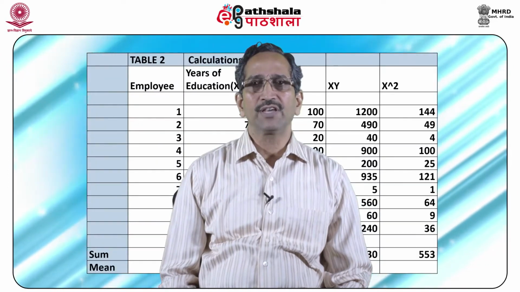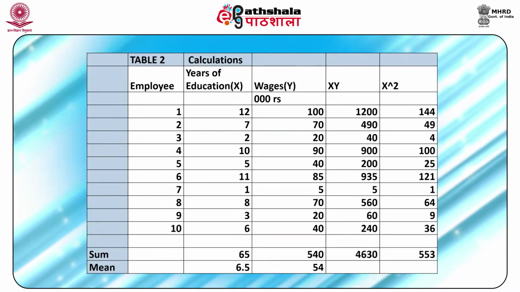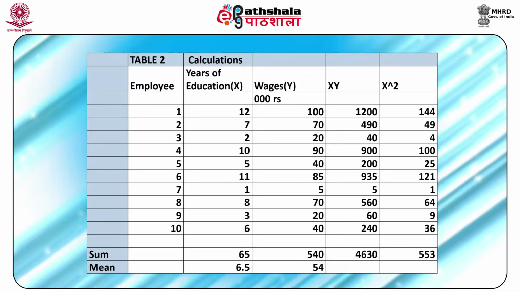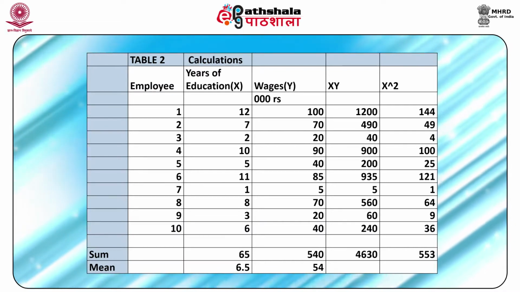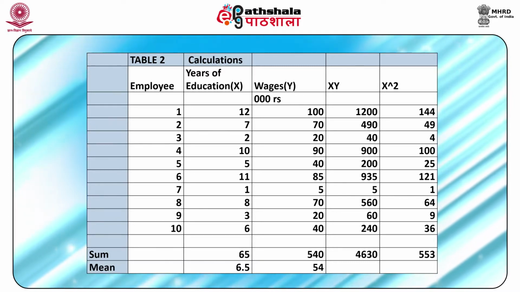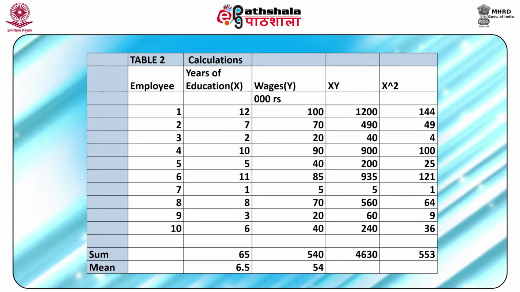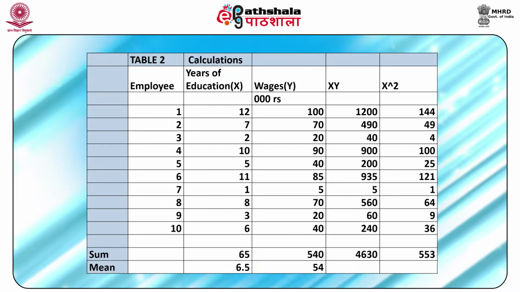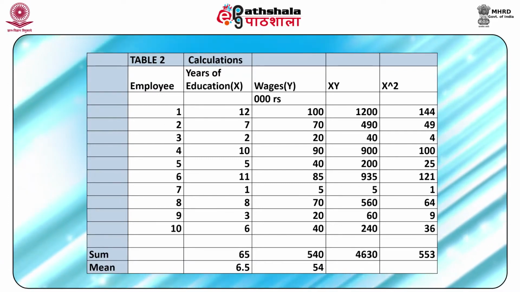Now let us look at the calculation of the sample regression coefficients using OLS in section 4.2. We have a table 2 which shows calculations of the example which we had discussed earlier. So we have the employees, their years of education as X, their wages as Y, and then we have calculated XY and X square.